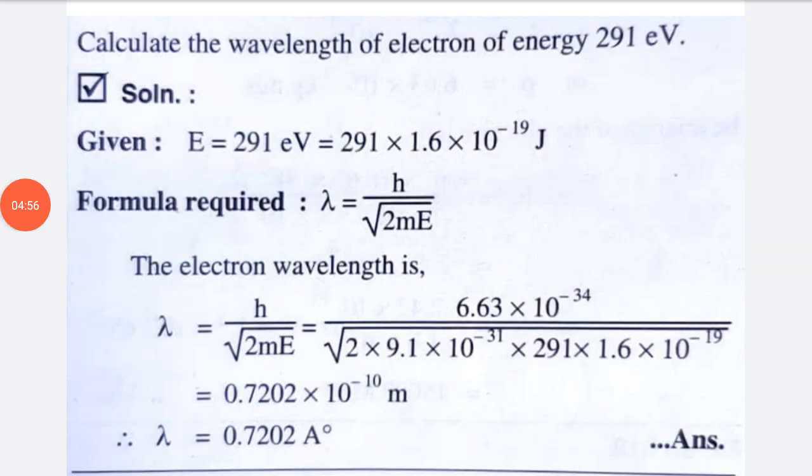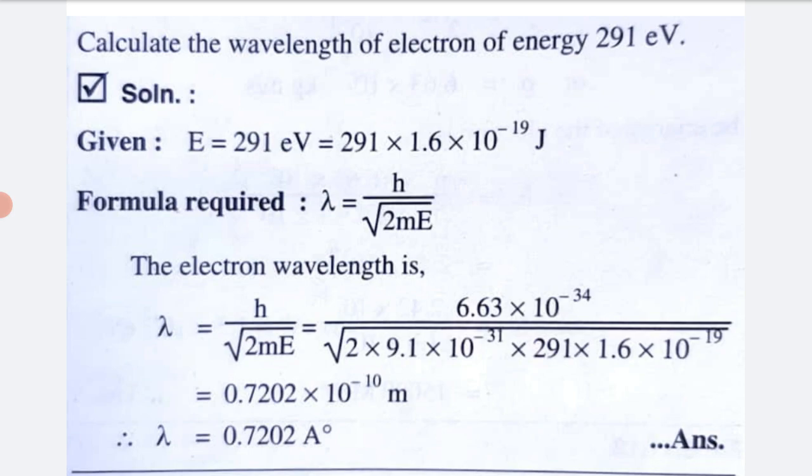Next example, calculate the wavelength of an electron of energy 291 electron volt. Then energy E is equal to 291 electron volt, which is 291 into 1.6 into 10 raised to minus 19 joule. Formula required: lambda is equal to h upon under root 2mE.